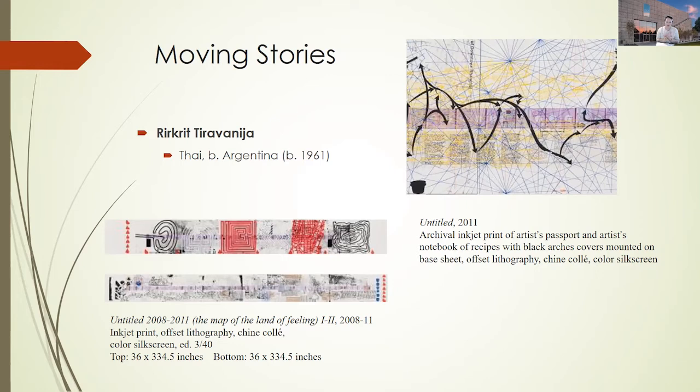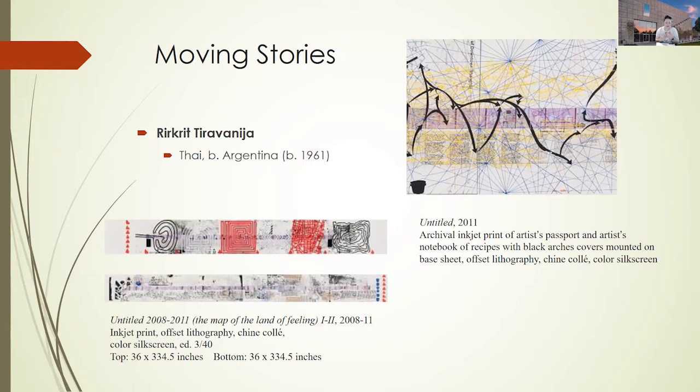The one on the left is two different pieces, and I put the dimensions up there. They are 36 inches tall by 334 and a half inches long. So these will cover whole walls. I don't know if they're hung together or if they'll be separated.